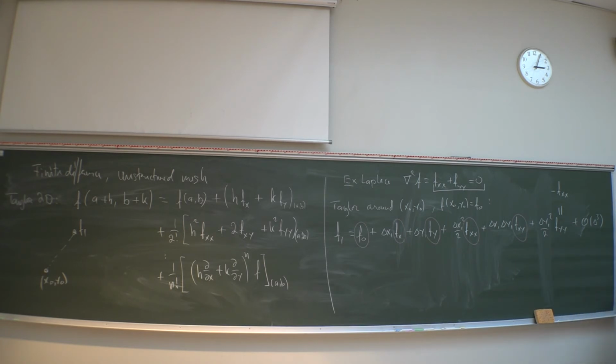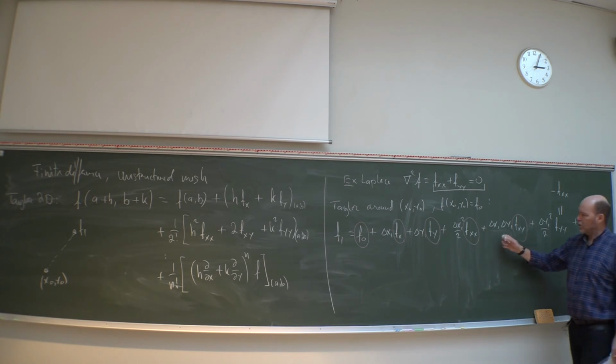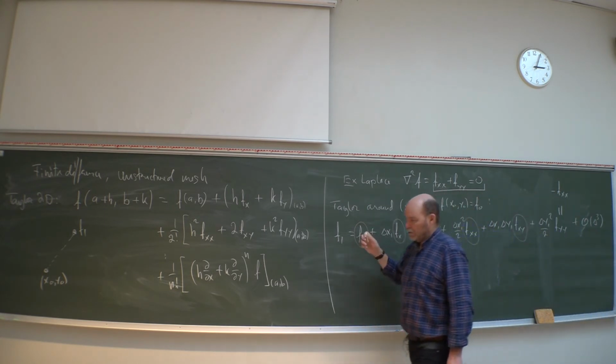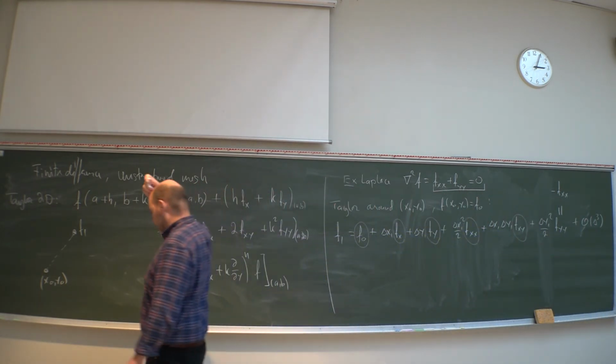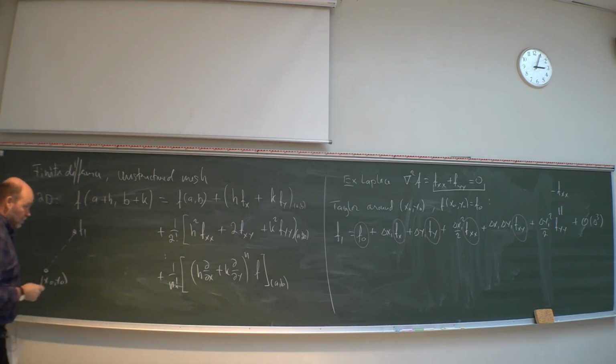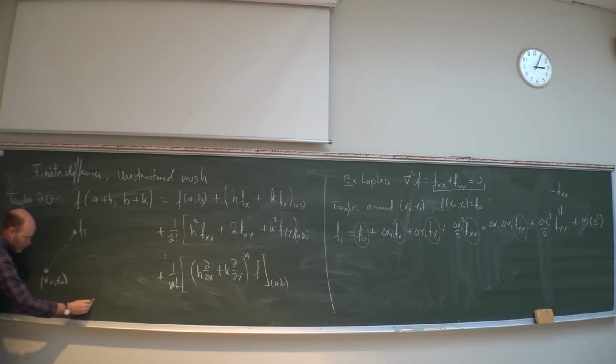Okay, so that means I have 1, 2, 3, 4, 5 unknowns. Of course, we have a number for f1, so it's sort of given. But then that's one equation with 5 unknowns. Okay. Then we need point number 2, we need point number 3, and we need a point 4, and you need a point 5.